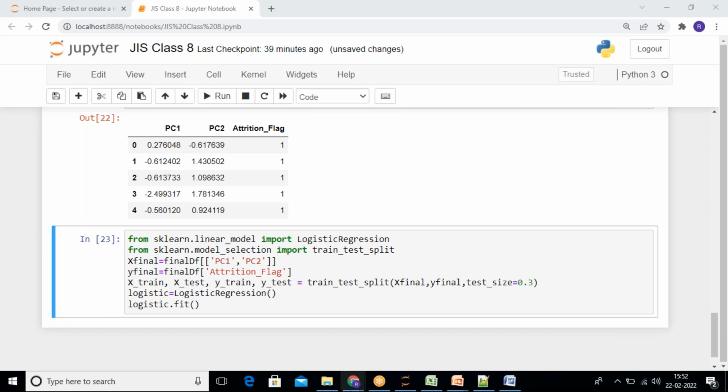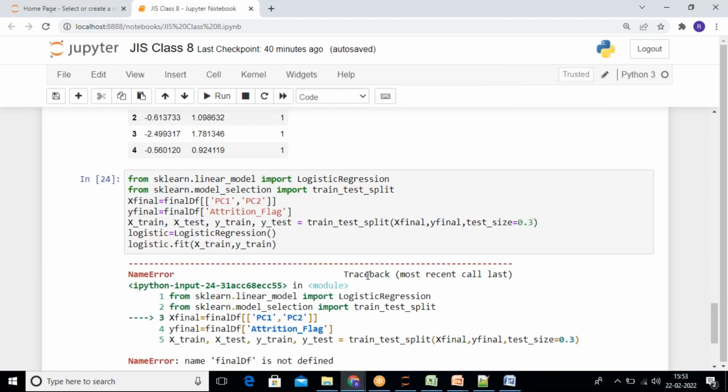Logistic.fit. So here in logistic.fit, what am I passing? I'm passing X_train comma y_train. Let me run.